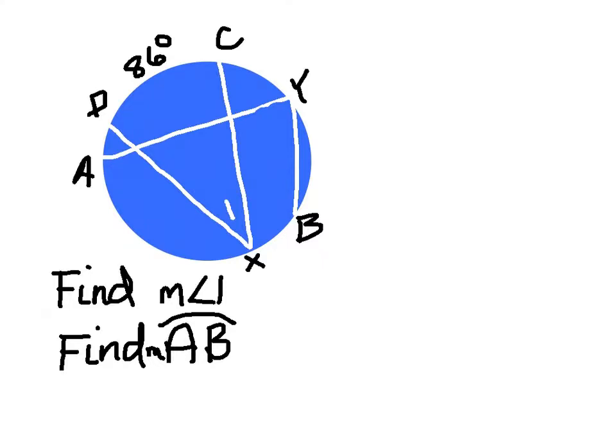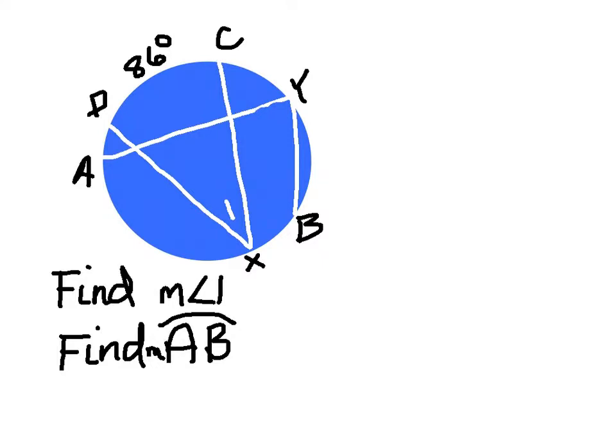So here we are back with a diagram where we want to find a couple of things. Now if you look at this diagram, you will see that we have a couple of angles. So the first angle you can see is right here.